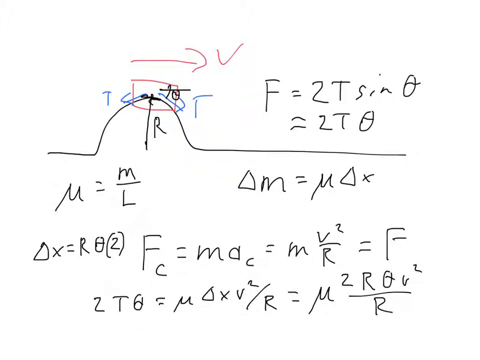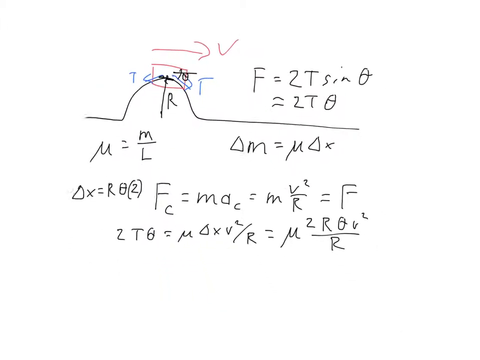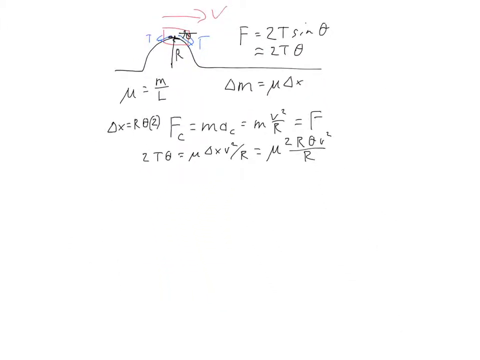Let's move things out of the way, give ourselves a bit of room to do our last bit of algebra. Ultimately we're going to relate velocity to variables that we can measure. And we find that velocity is going to equal the square root of the tension divided by the linear mass density.